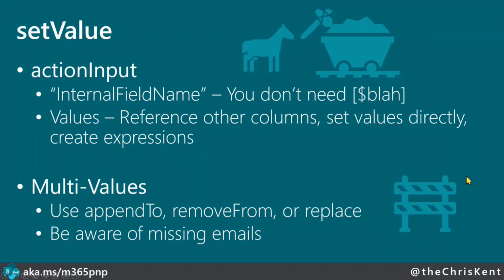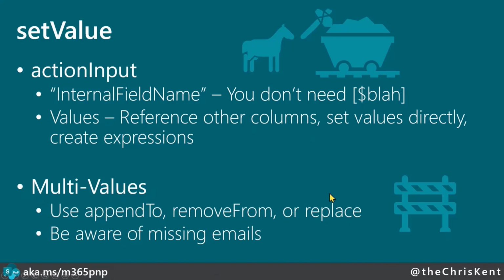And then finally, setValue. That is important to note. Again, unlike everywhere else where we reference internal field names, you don't need the square bracket and the dollar sign. And then you can do all sorts of really cool stuff. There is one that I didn't show you, which is the replace. So replace will actually remove it from the array and then add your item in between.